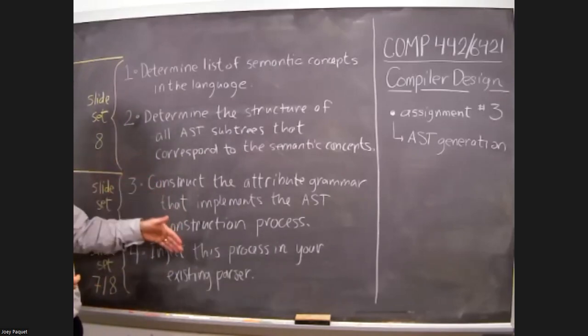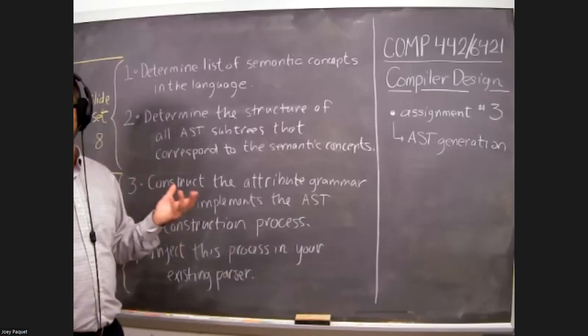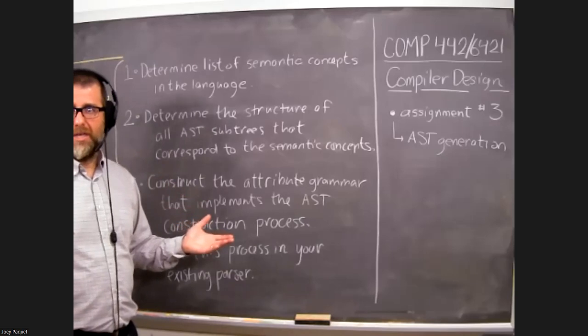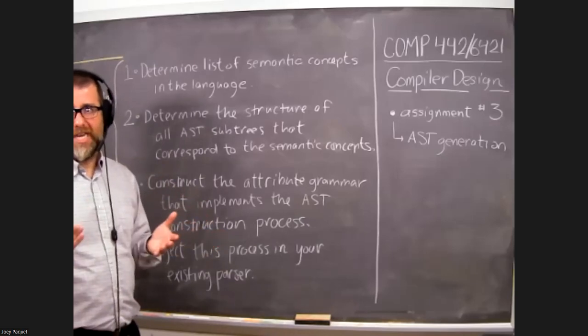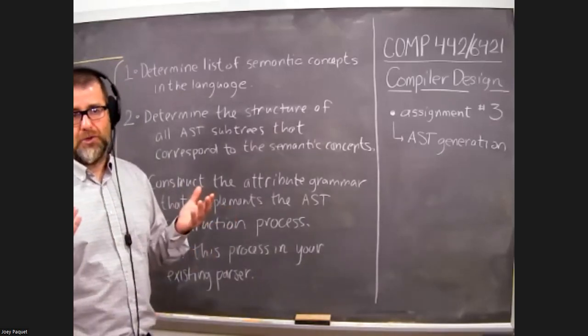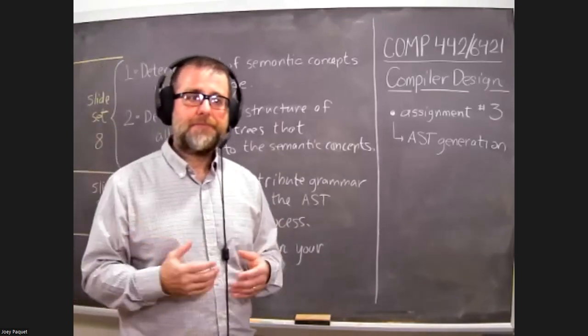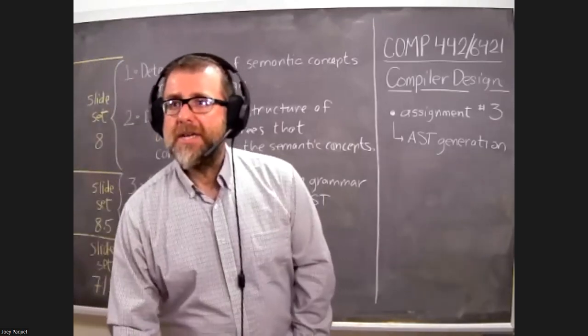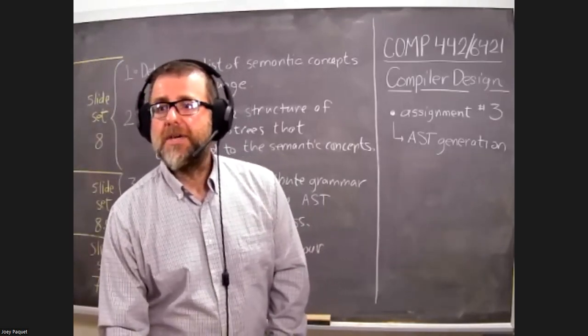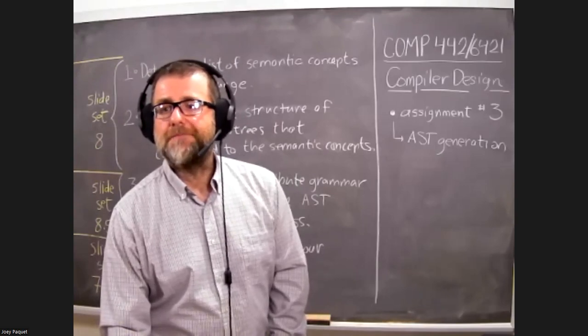Then you put this into your parser, and you execute your parser and see if it's constructing the right tree. Of course, you should try it for different cases to make sure that it works not only for one case. So that's why it's important to have a variation of test cases, right? So that's about it for this description of assignment number 3. Thank you.